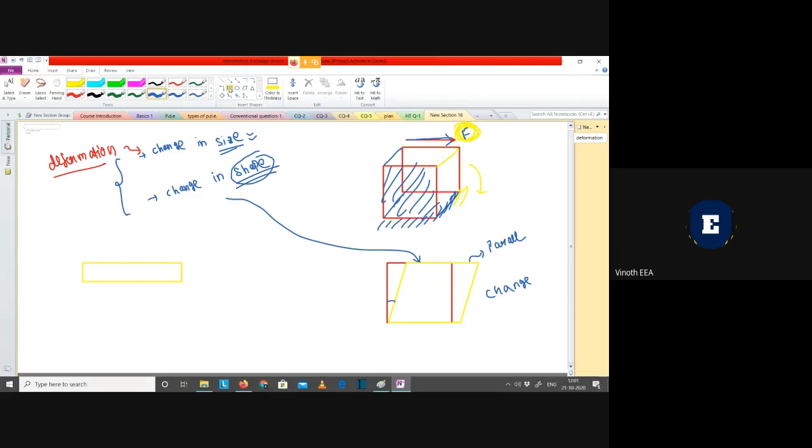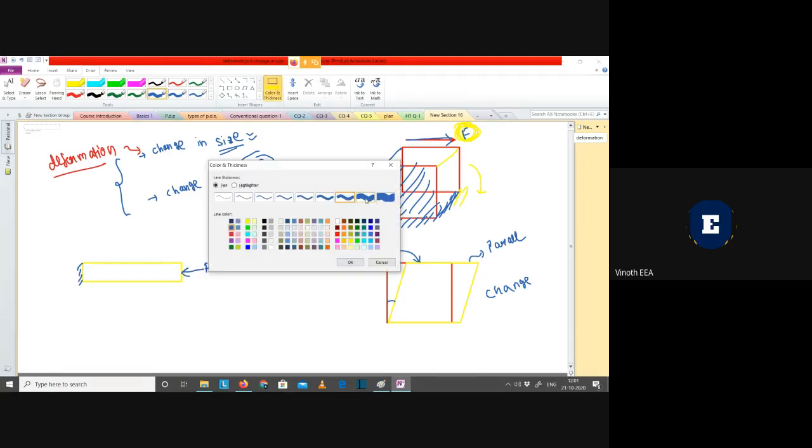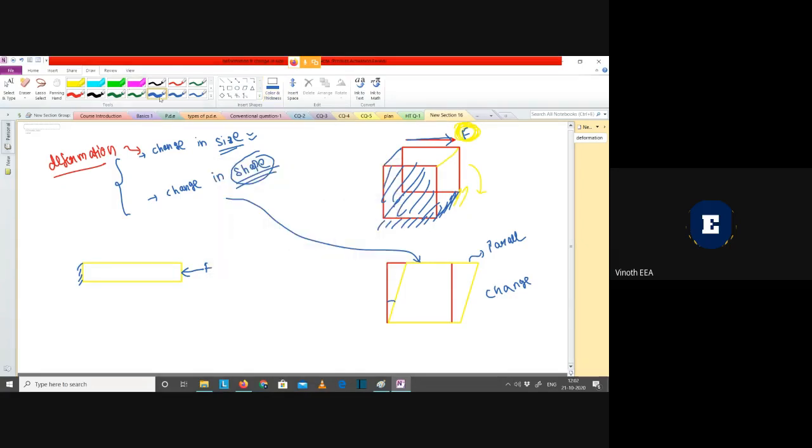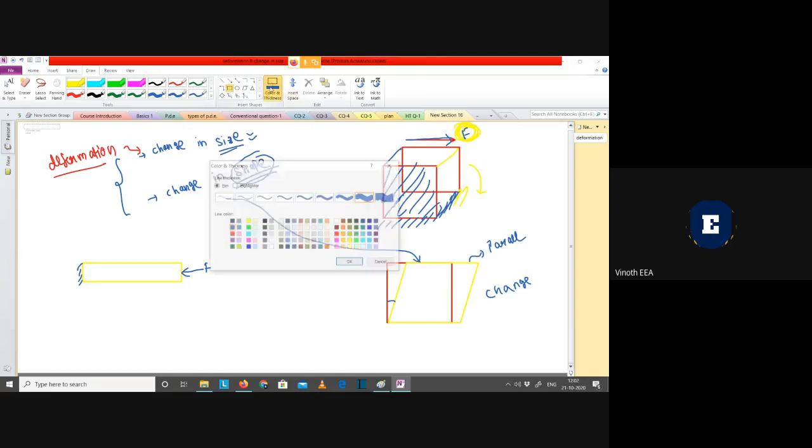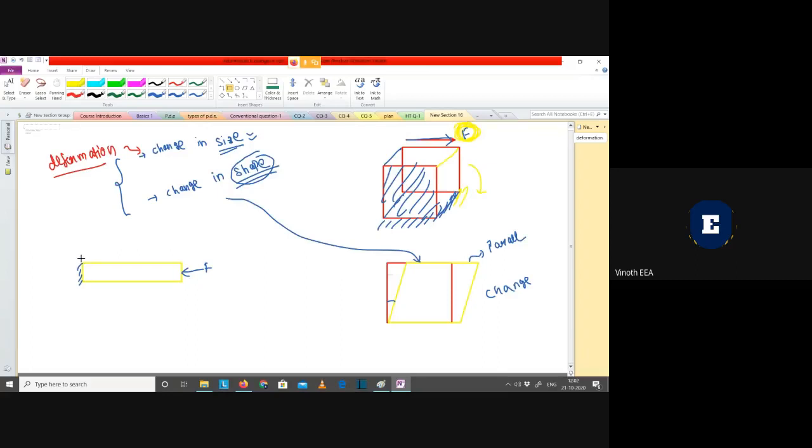Then what is meant by change in size? Simple. If this is the member, and I apply a force F on it, what will happen? There is going to be an increase, like this.